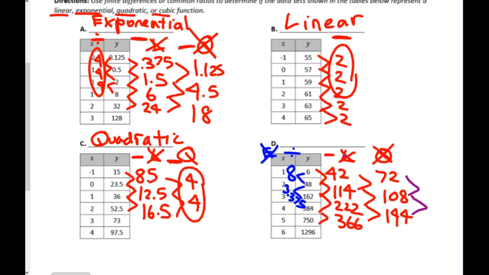If the third difference is the same, that is cubic. Let's do 108 minus 72, 36. 144 minus 108, 36. Oh my gosh.